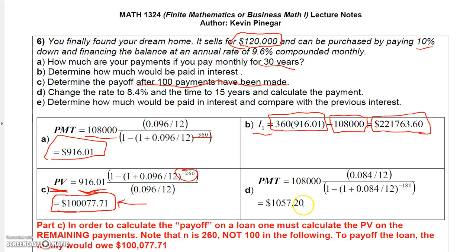Okay, now D part says change the rate to 8.4 and the time to 15 years and calculate the payment. I'll let you do that, but same present value. I just changed the rate to 8.4% and changed the time to 180 periods instead of 360.